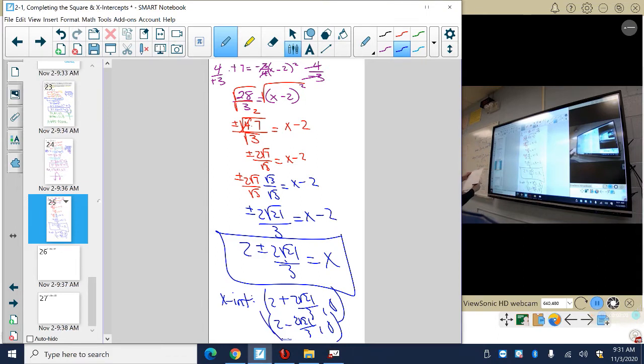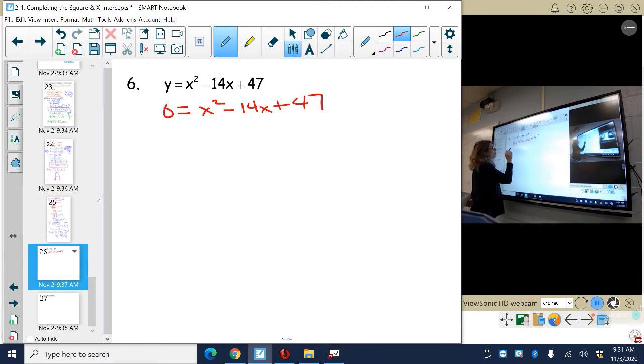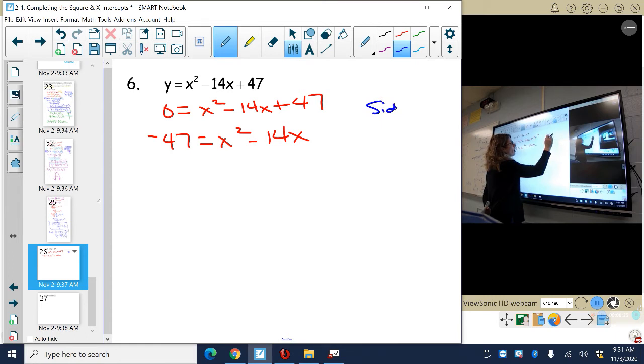Now let's go ahead and look at the back here. Number 6. Let's go ahead and do number 6. We're going to go ahead and do the same procedure. This is 0. Bring over the 47. Leading coefficient is already 1, so now I'm going to do sidebar. So that's b divided by 2, so that's 14 divided by 2, which is 7.